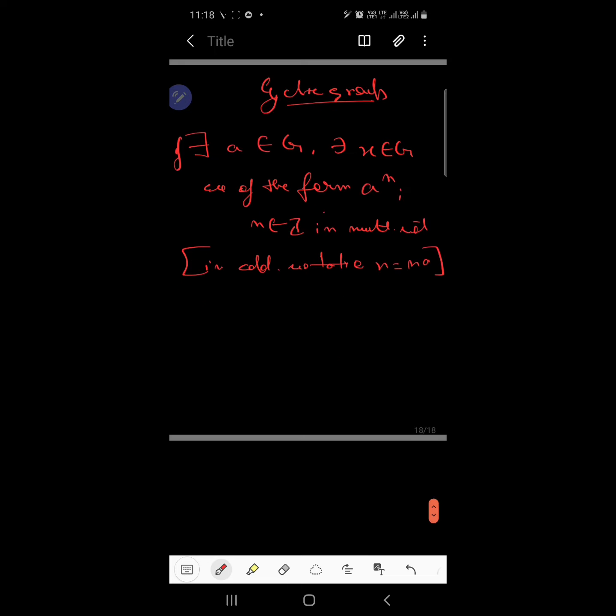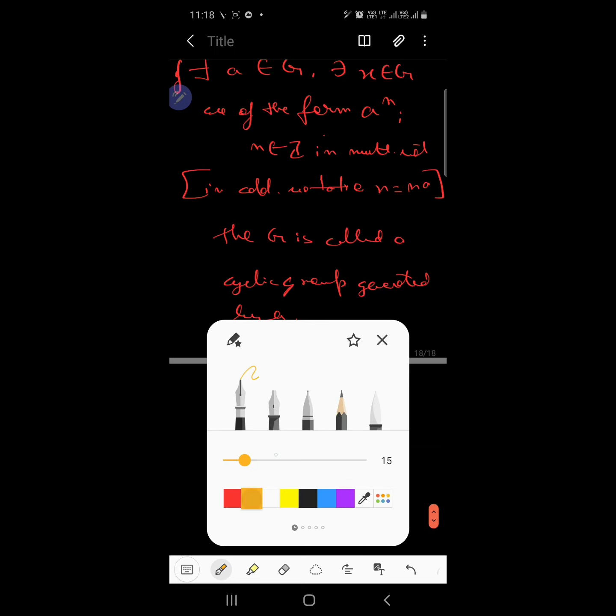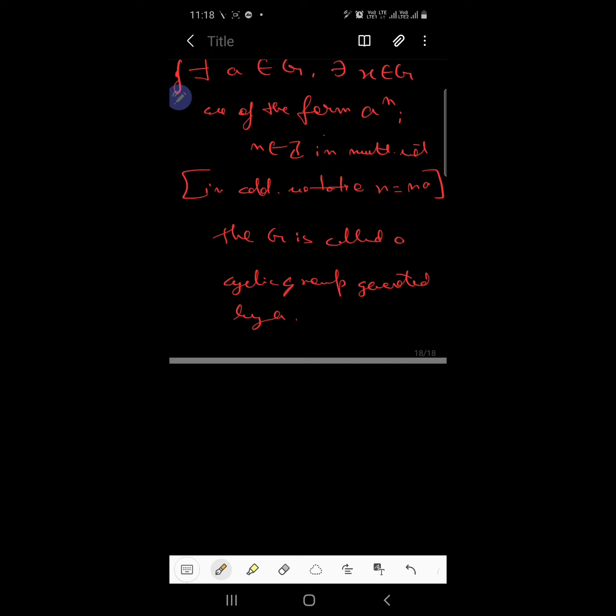Okay, then G is called a cyclic group generated by A. A is called the generator of the cyclic group.